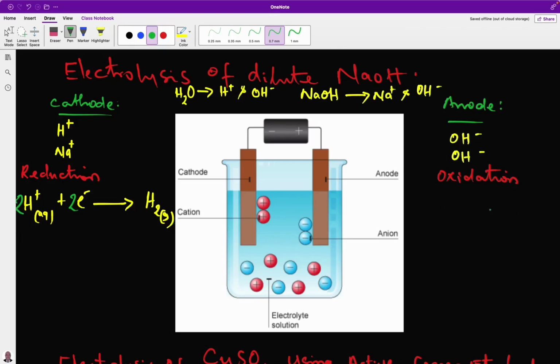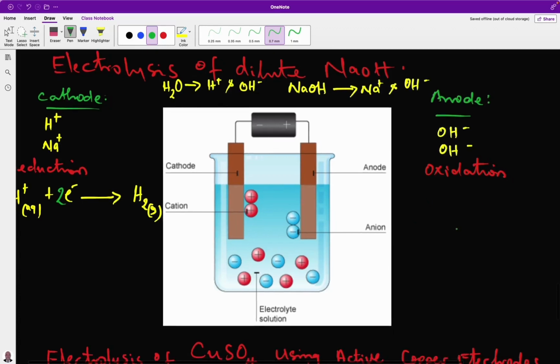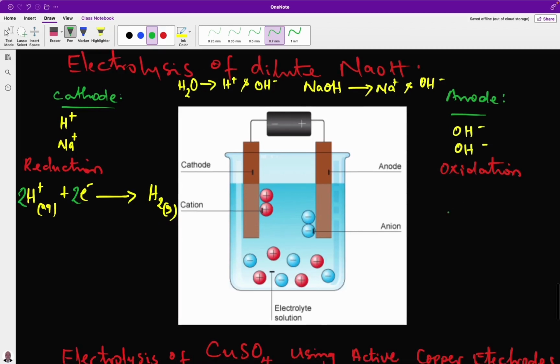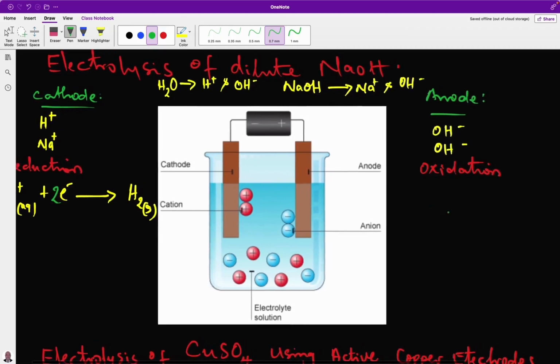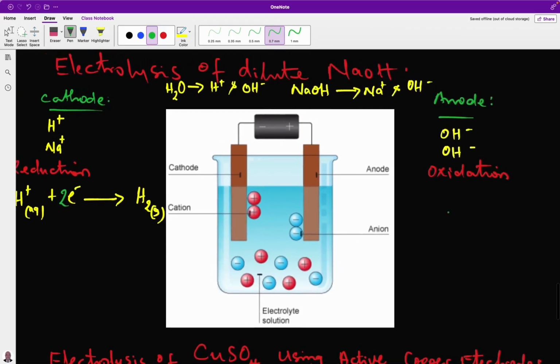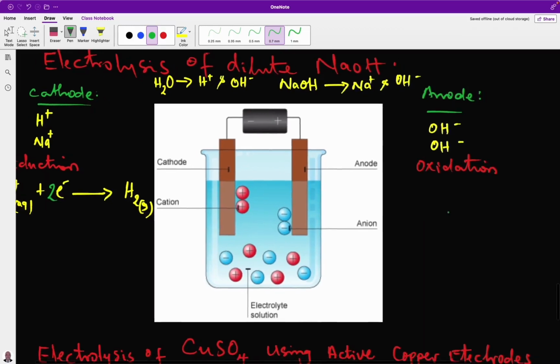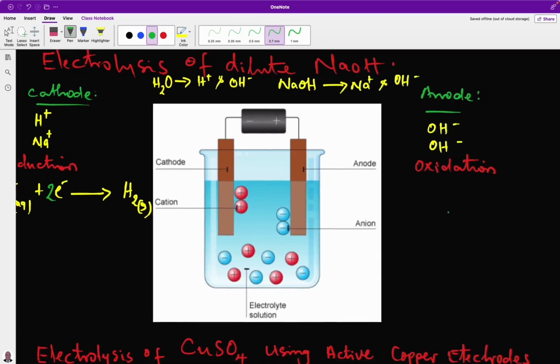So now, the same thing goes to the anode. What happens at the anode? At the anode, it is OH that is there.